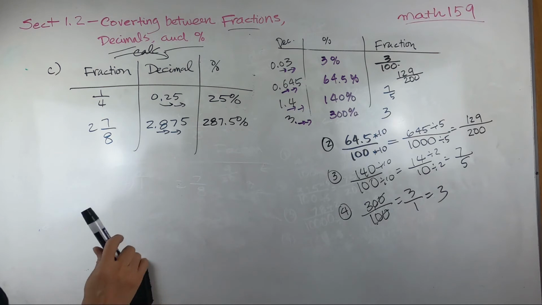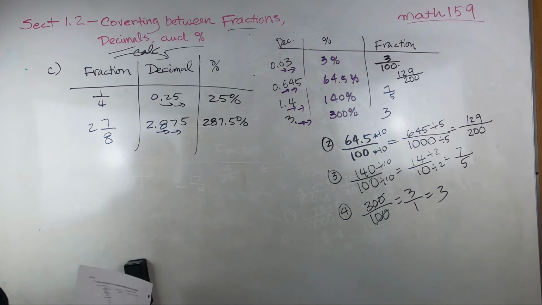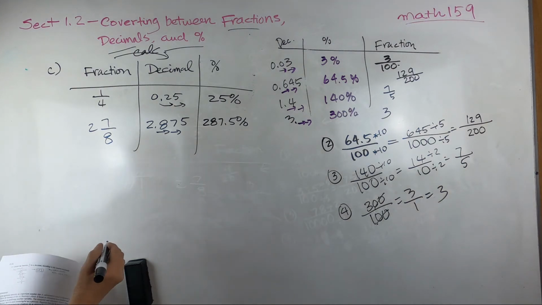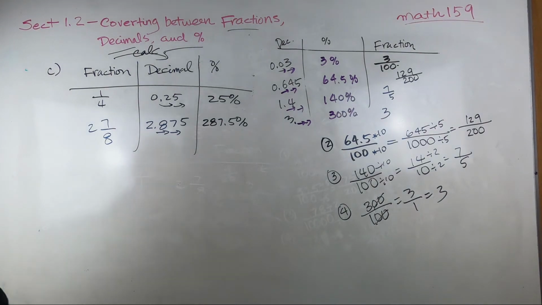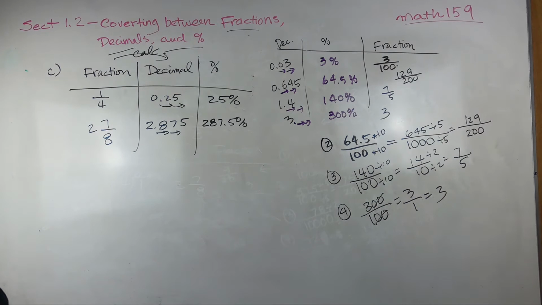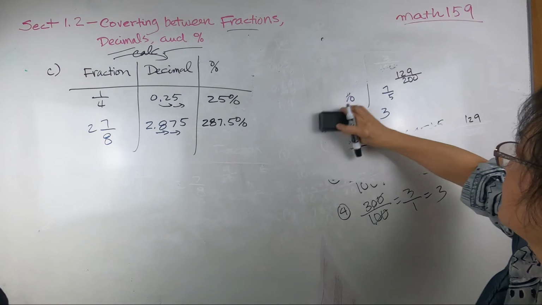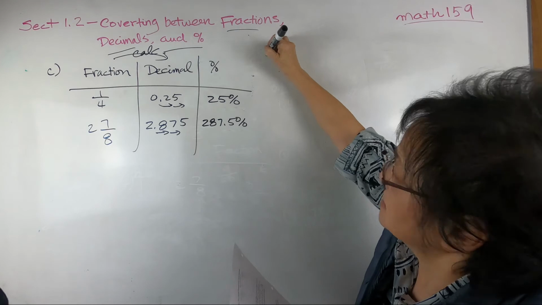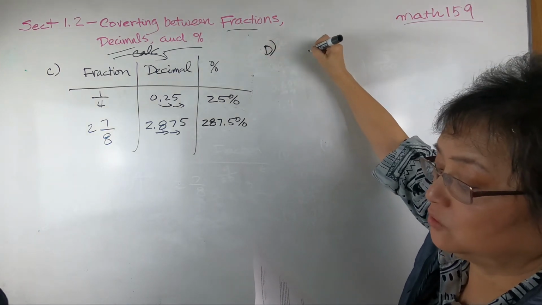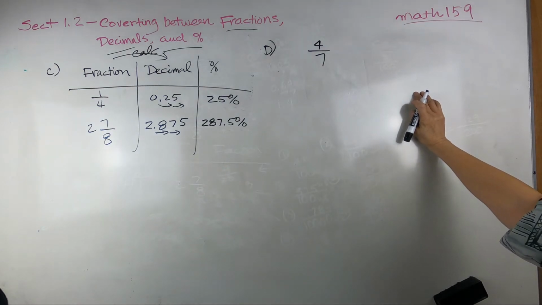So we just change back and forth between what? Fractions, decimals, and percentages. All right. Then take a look at part D on your page 7. See, what do they say? It says convert the fraction 4/7 to a decimal and round it to the nearest hundredth.